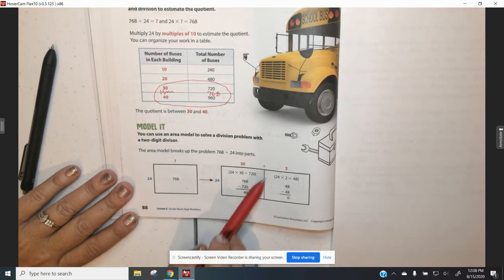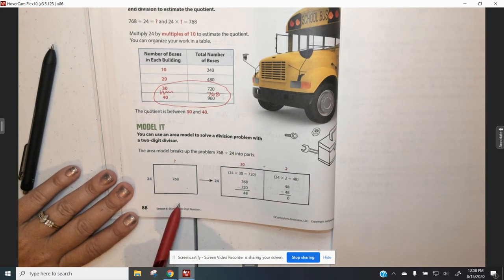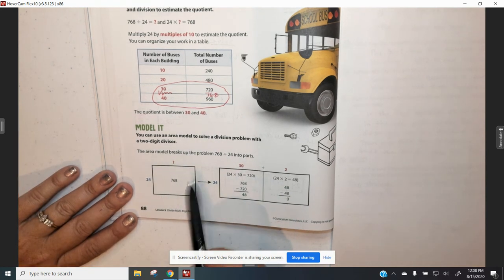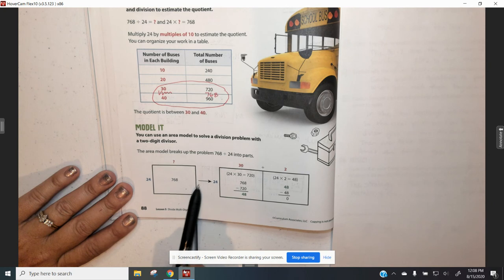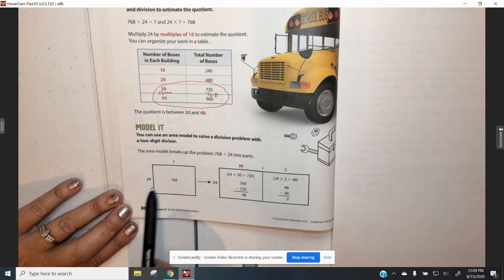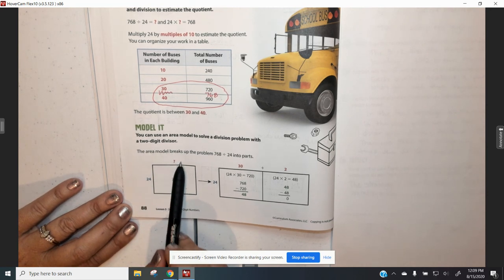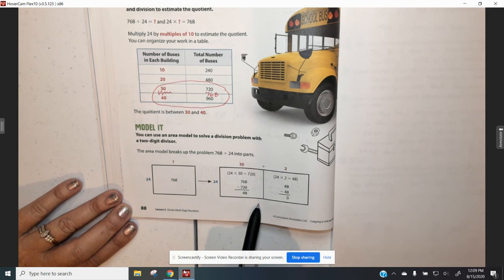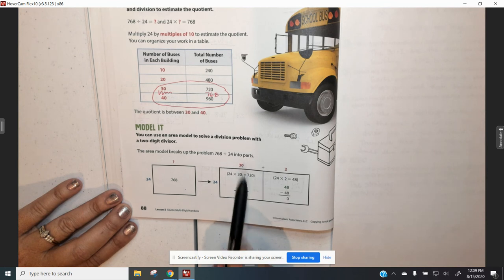Now, again, I'm going to revisit the area model so that you can see just one more time how to do an area model. You set up your first rectangle with your dividend on the inside, your divisor on the outside, and then your quotient will be the number at the top. Then you draw your second rectangle and you break it into two parts for your partial quotients.